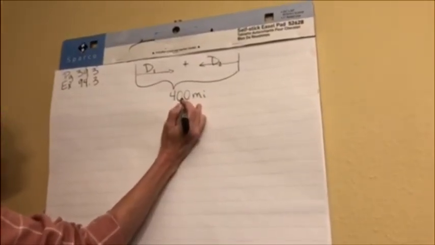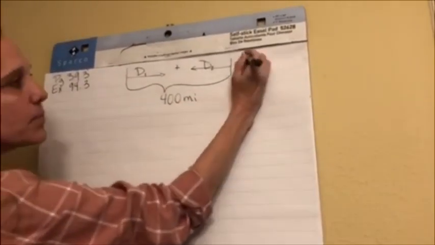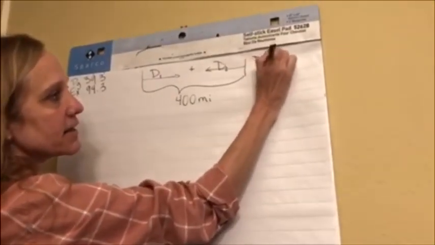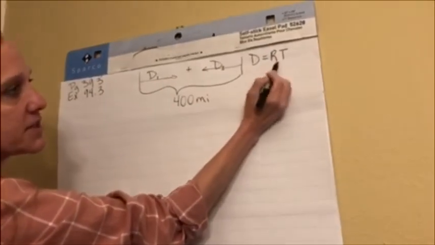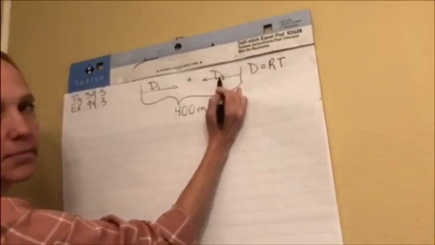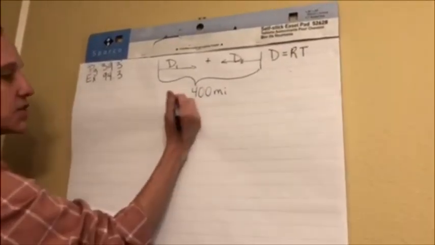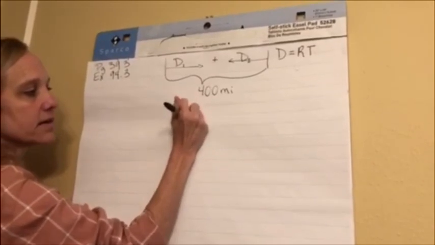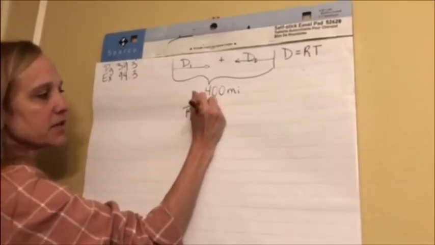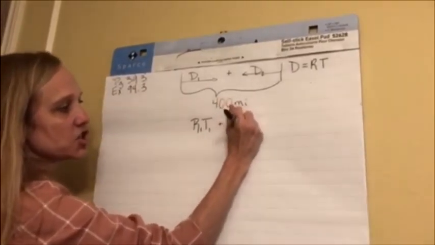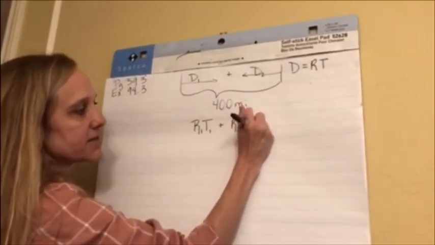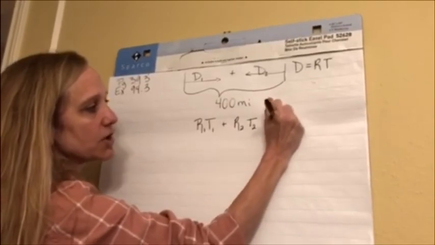Just as before, we can take distance equals rate times time and substitute rate times time in place of the d in the equation. So the rate of the first ship times the time of the first ship, added to the rate of the second ship times the time of the second ship, gives you 400 miles.